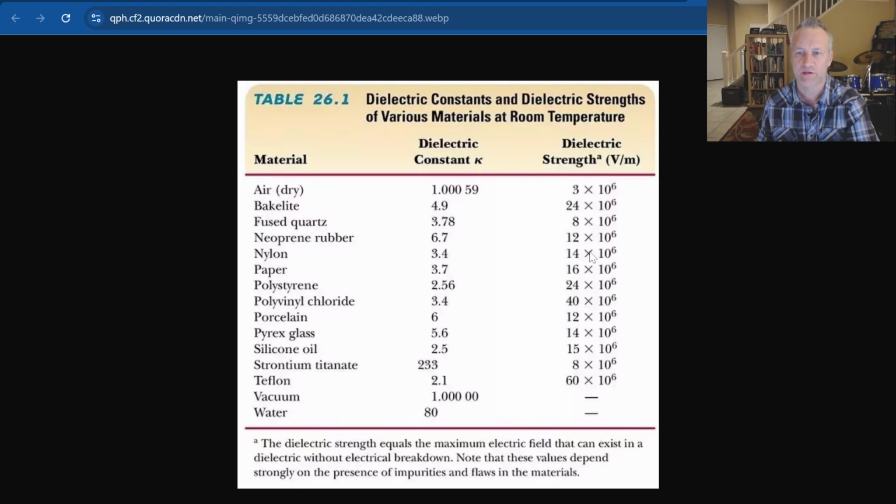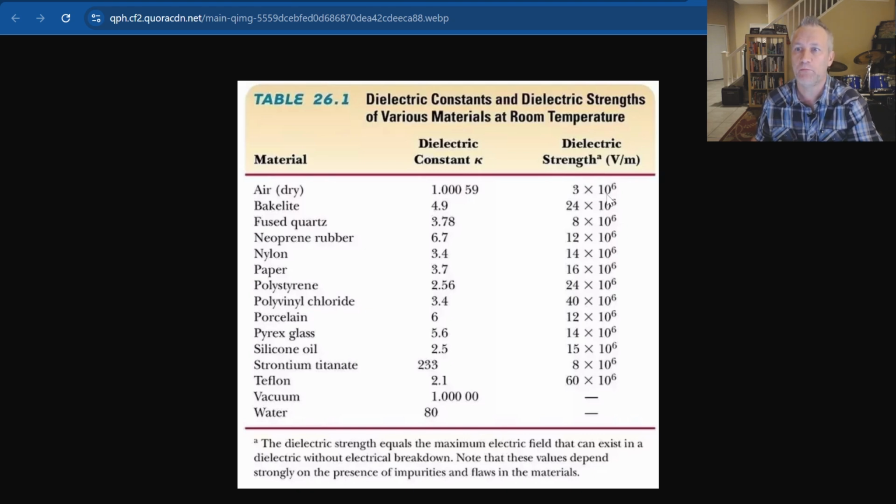And then there's also this breakdown strength column on the right, which tells us at what voltage these insulators would start actually conducting electricity and break down. We use the breakdown voltage of air, 3 times 10 to the 6 volts per meter. We used that in the lab where we calculated the charge on the Van de Graaff dome. Remember, we measured the length of the spark, and we used this value to calculate the voltage on the dome.